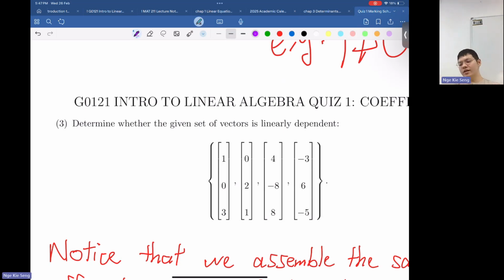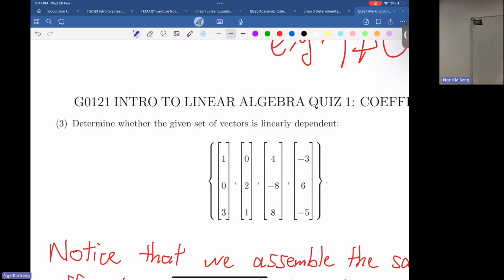Okay, good, so you use the theorem. The number of vectors is more than the number of entries, 4 greater than 3. Some of you just say P greater than N, but I don't know what P and what N are. You should say that P here is 4 and N here is 3, so 4 greater than 3. You should say it clearly.